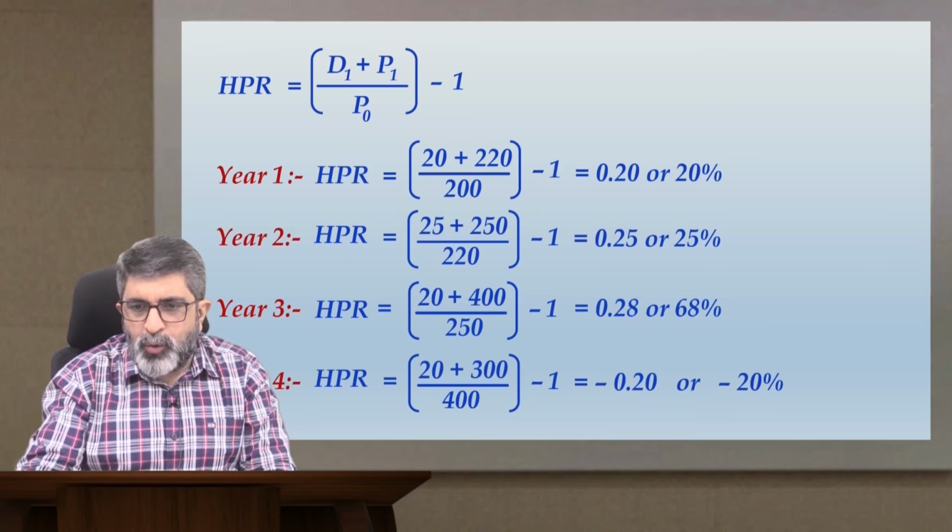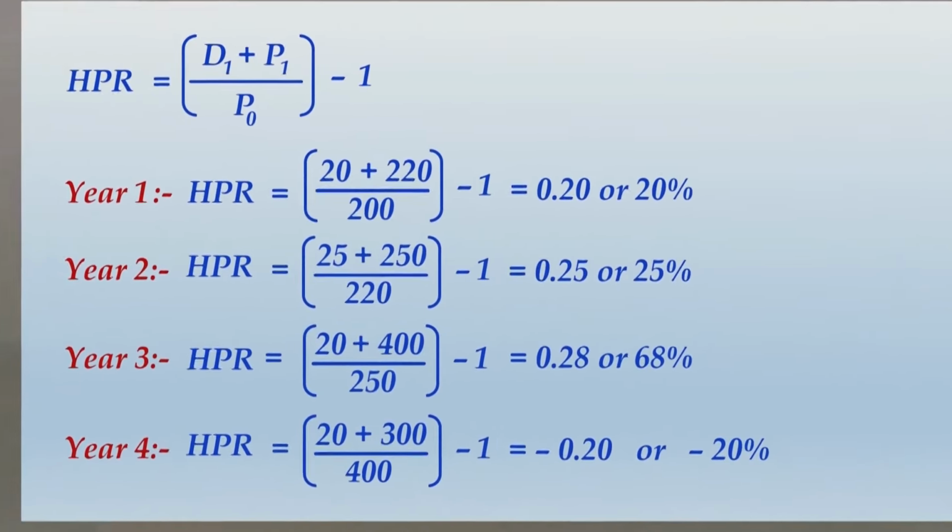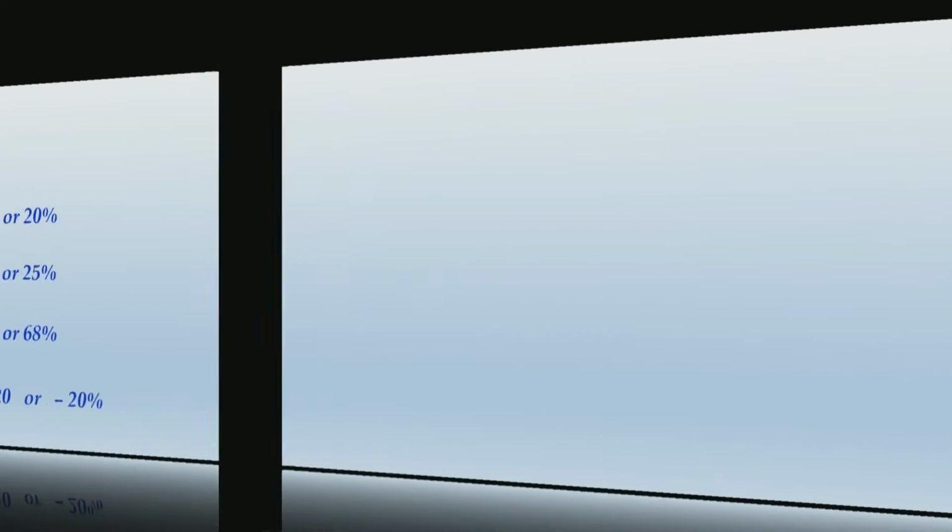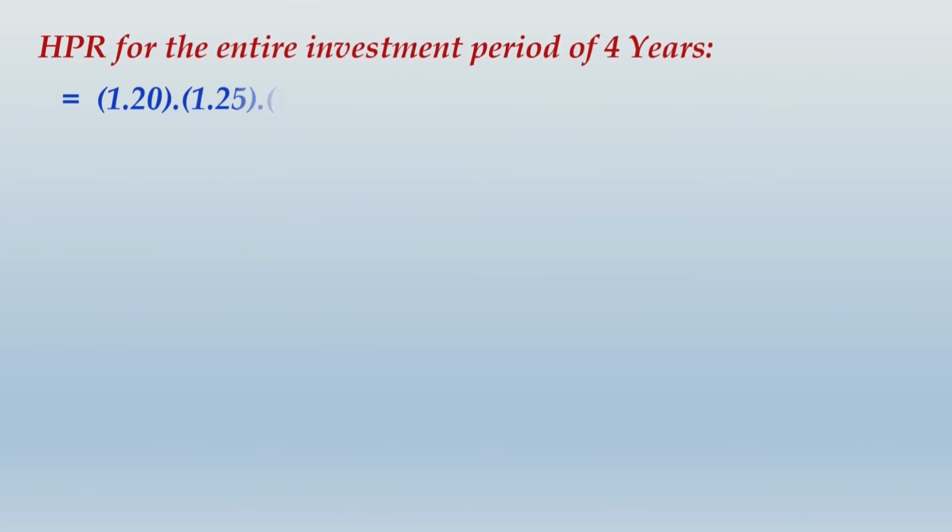So let me take you ahead with the calculations further and show you one thing very importantly, that HPR for 4 years entire period will be simply first year factor 1.20, second year factor 1.25, third year factor 1.68 because there was a high rate of return, and fourth year the factor is less than 1 because the rate of return was negative.